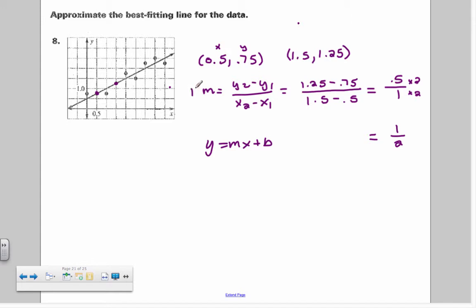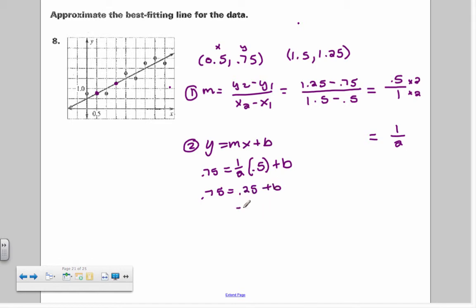Okay, so this is step 1, this is step 2. Here I have my y is 0.75, my m is 1/2, my x is 0.5, and then I need to find my b. Well, I need to multiply first, so 0.5 times half. So what is half of 0.5? Well, half of 0.5 is 0.25.